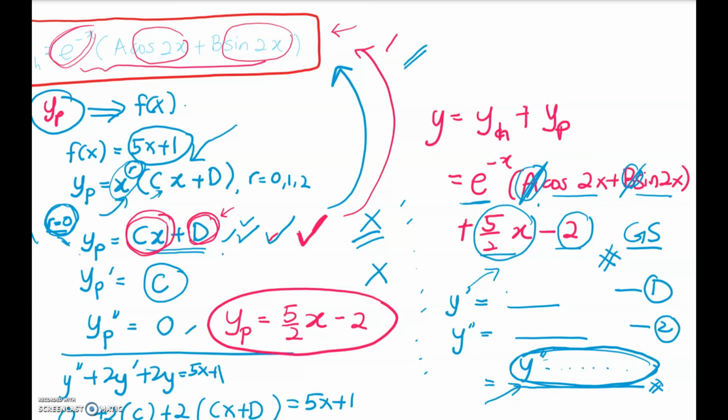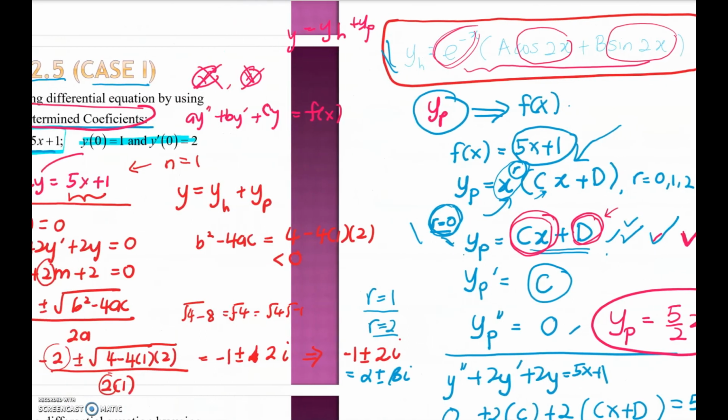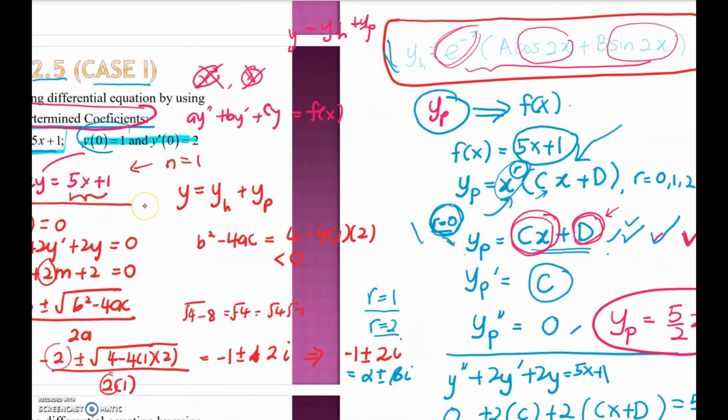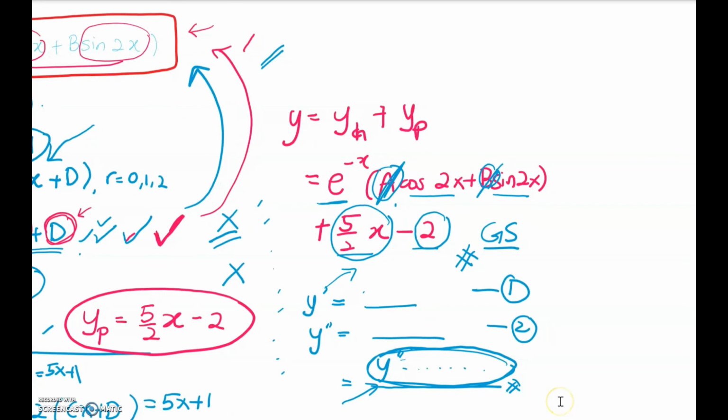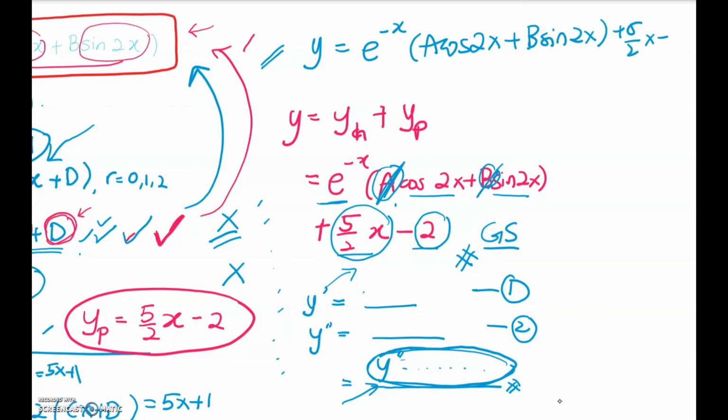Okay, but now the question asks you to find out the particular solution. So particular solution dia bagi y equals to 1 when x is 0, y prime equals to 2 when x is 0. So go back to our y here. This is our y kan, so salin balik lah. Y equals to exponent negative x, okay, a cos 2x plus b sin 2x plus 5 over 2x minus 2.